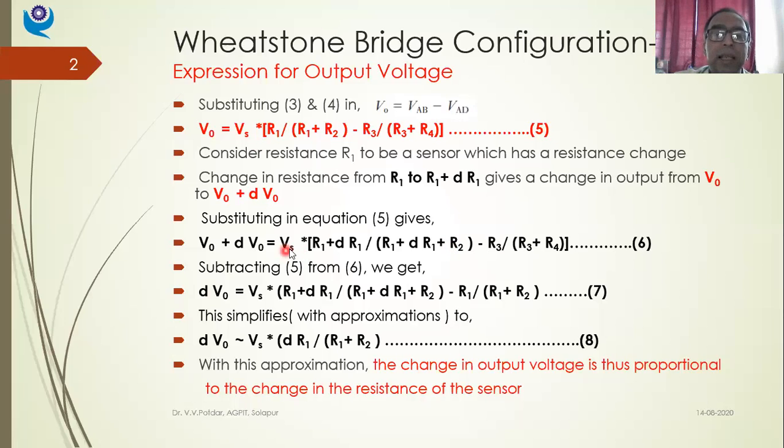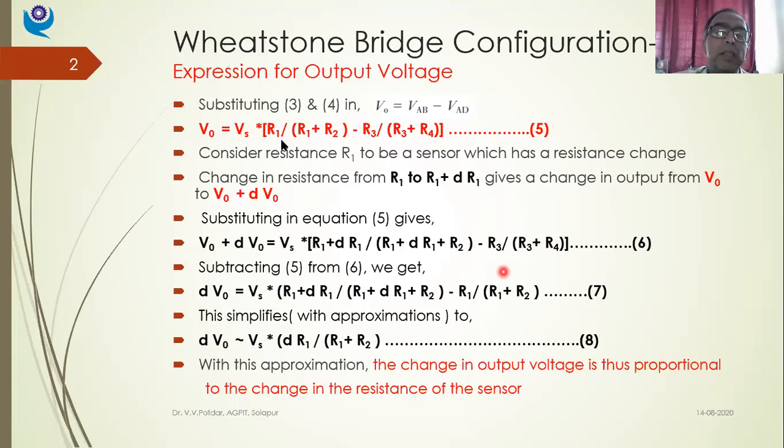Vs into the first part of the term. This is R1 plus dR1 upon R1 plus dR1 plus R2. Vs into this first term minus Vs into the second part of the term. What is it? Vs into R3 upon R3 plus R4. So I'll have Vs into the first term as it is, minus Vs into the second part as it is. Minus, here also the same thing.